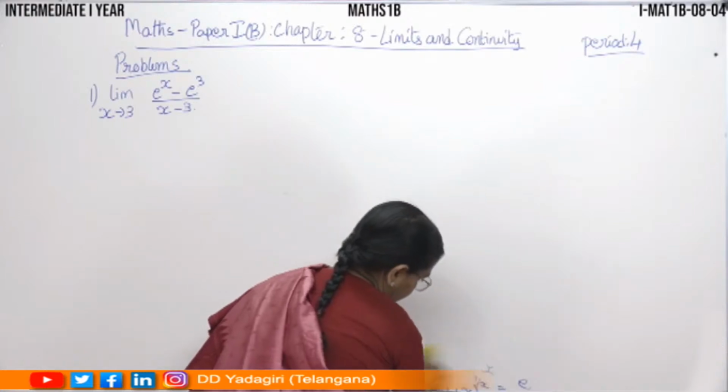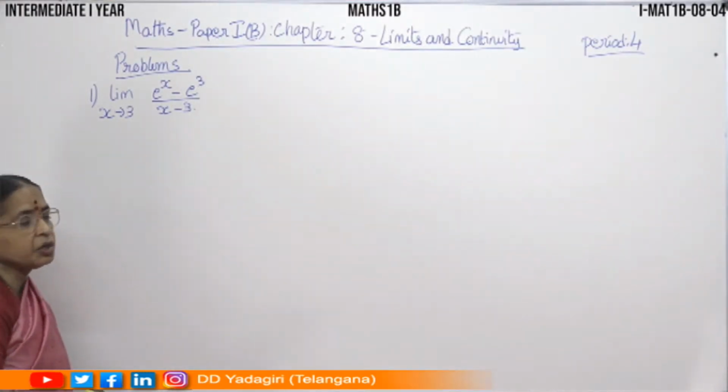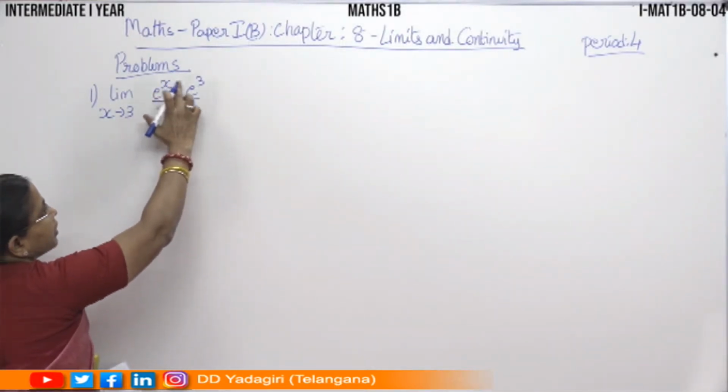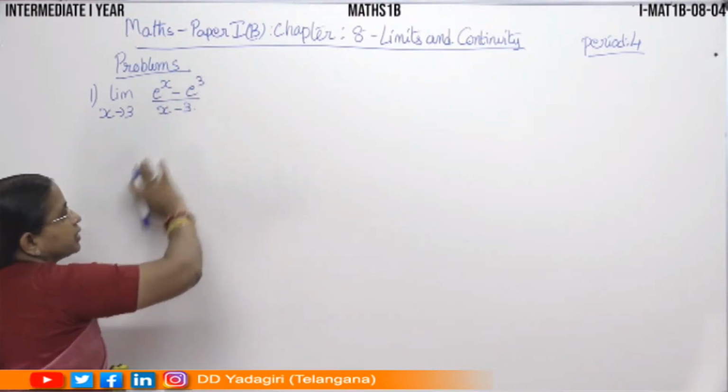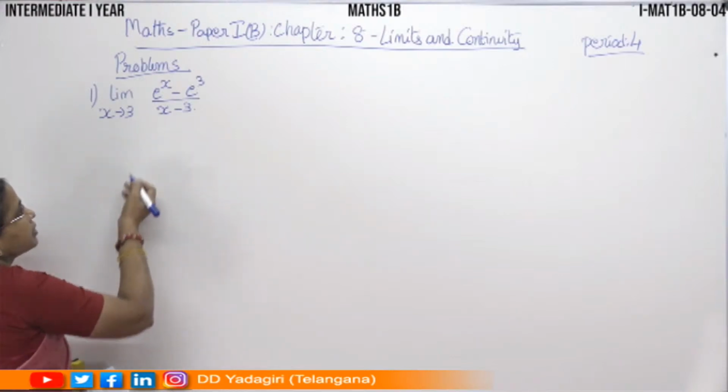Limit x tending to 3 of (e^x minus e^3) by (x minus 3). Now when you substitute x as 3, it is e^3 minus e^3 by 3 minus 3, 0 by 0 form. So you have to use one of the standard limits. How to do?